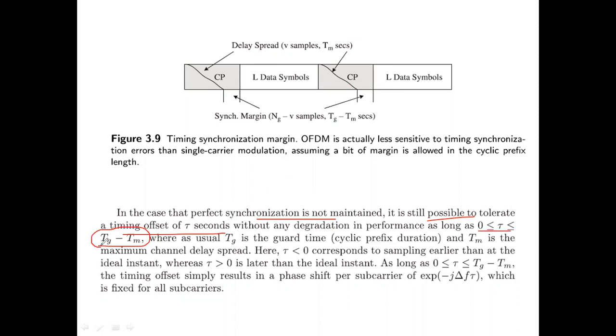What is this TG? TG is the guard time, and TM is the maximum channel delay spread. That means this is the rule.